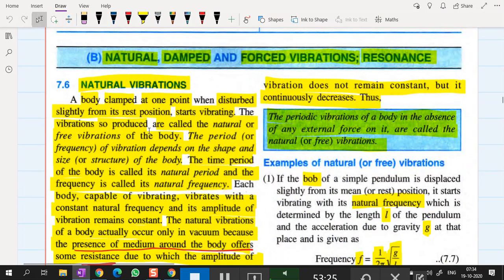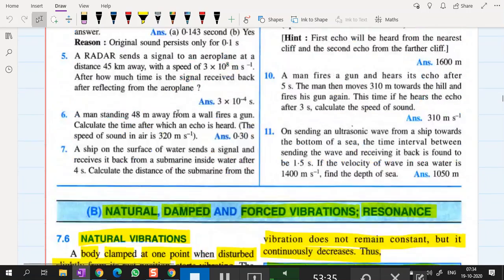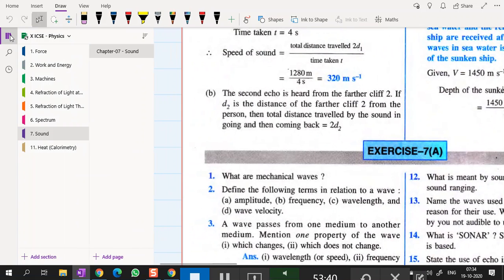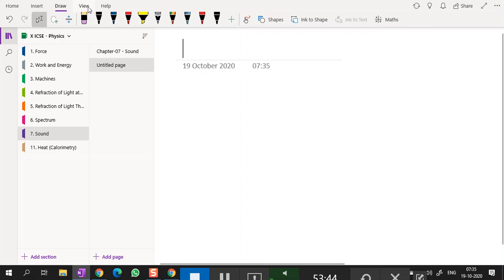Any doubts in second or third part? Sir, can we do numericals? Yeah, sure, why not? Of the first part? Yeah, because they are in the first part only. Let me get the numericals page.